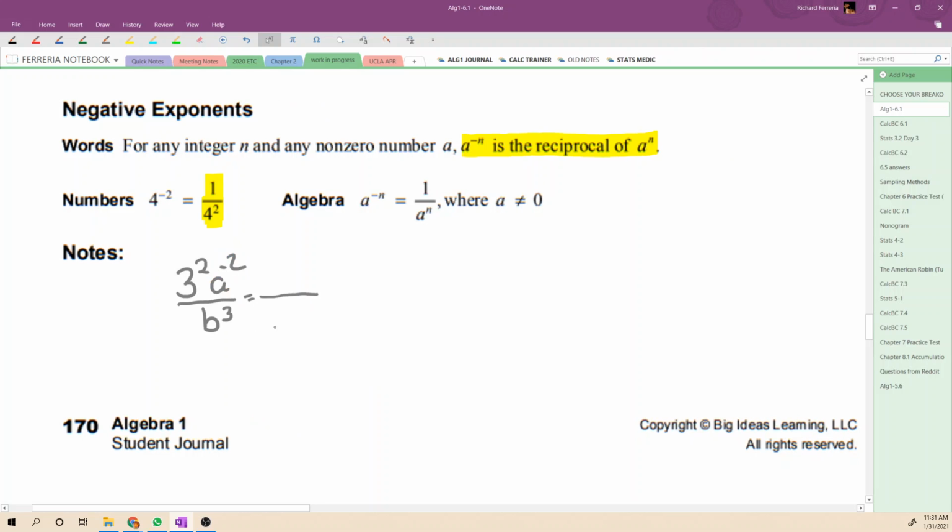So we're going to put all the positive exponents in the places where they currently are. 3 squared has a positive exponent, so we're going to keep it in the numerator. B cubed has a positive exponent, so we'll leave it in the denominator. But a squared, we're going to put in the denominator because it had a negative exponent in the numerator. So to give it a positive exponent, we have to put it in the denominator.